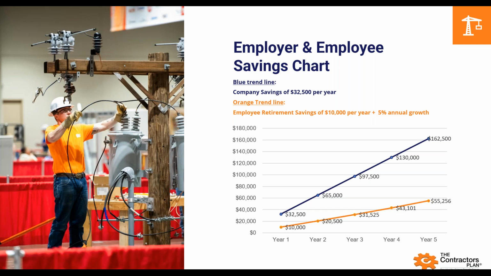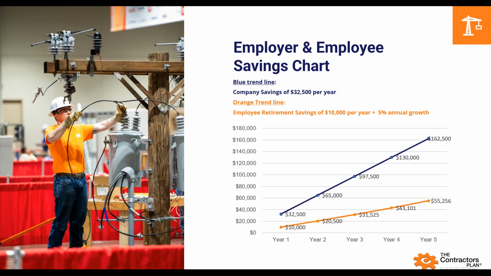Over a 5-year period, that contractor saved over $160,000. That's a pretty substantial difference in a net assets P&L type of perspective over a 5-year budgeting period.